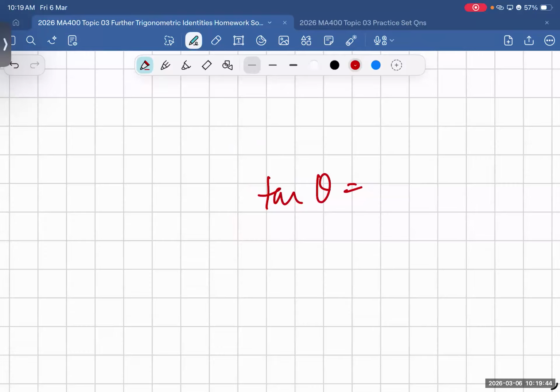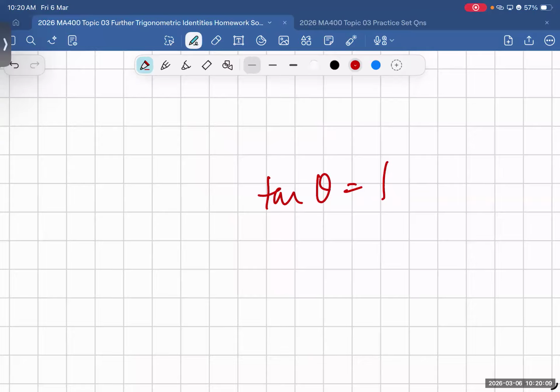Tangent theta equals 1. Tangent 90 is undefined, bro. It's an asymptote.